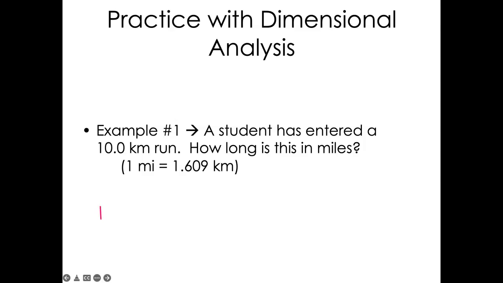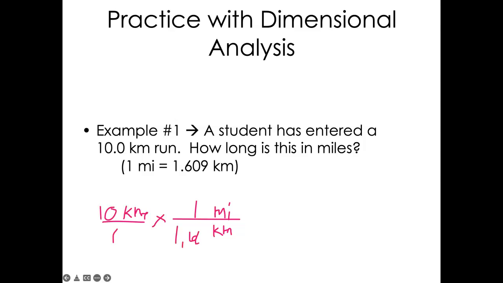And then I'm simply going to fill in my relationship. Next to it, I can draw a line and put this over 1, or I can just leave it as it is. It doesn't matter. Now let's see, I'm going to want to put kilometers down here so that these will diagonally drop or cancel out. I'm going to put miles up here. 1 goes with miles, 1.609 goes with kilometers.